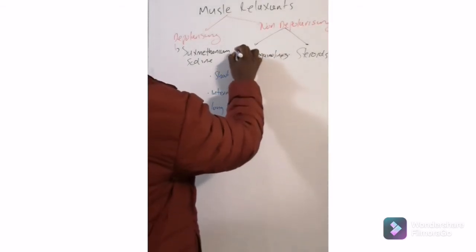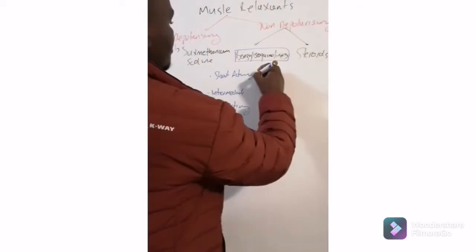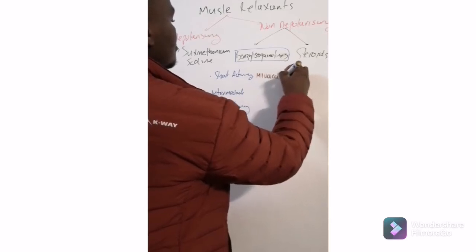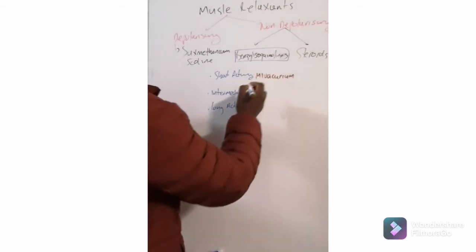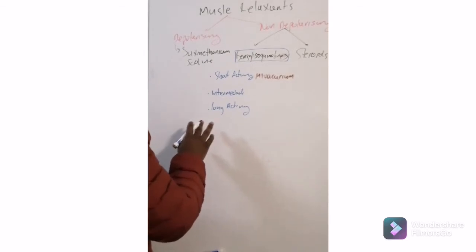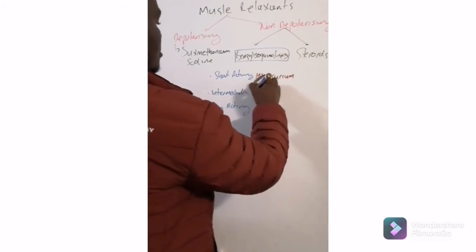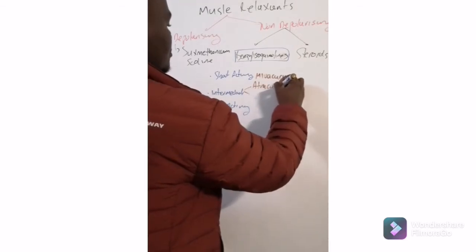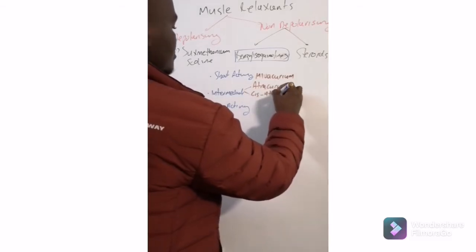So under the benzylisoquinolines, the short acting is mivacurium. And then the intermediate is atracurium and cisatracurium.